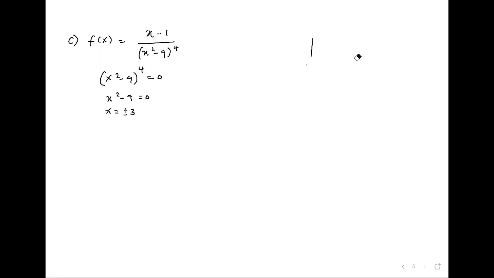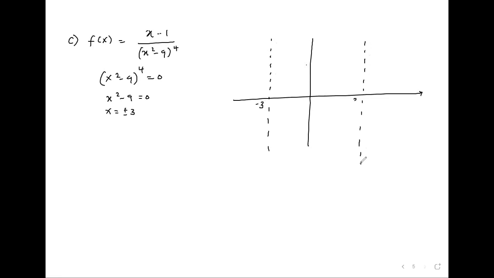So when we sketch, we have -3 and +3 as the asymptotes. Then for the horizontal asymptote, you look at the powers of x, so you get the x-axis. Like that. Then now sketch.